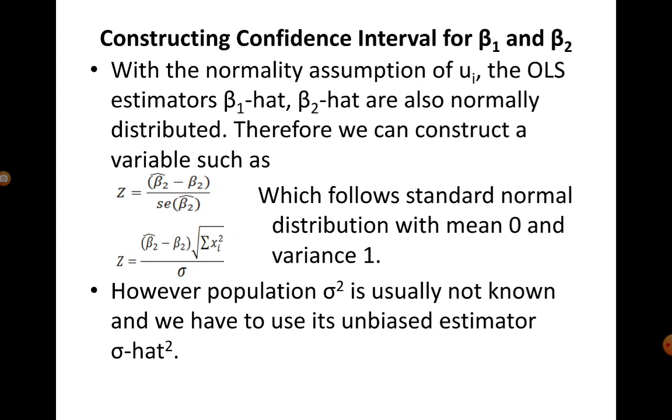So we keep taking the example of beta 2 hat, right? So if we have calculated a beta 2 hat variable, which follows normal distribution, you can construct a variable called z, which is beta 2 hat minus its mean divided by its standard error.